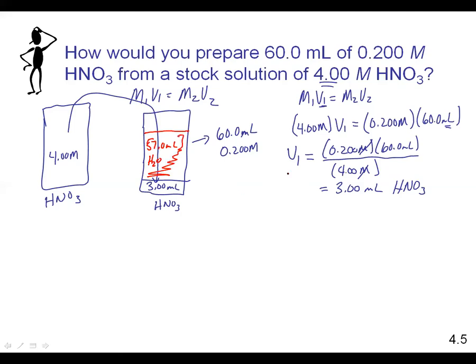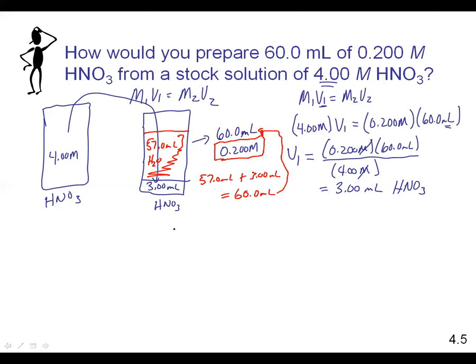My 57 milliliters plus the 3 milliliters I already threw in there gives me the 60 milliliters of total volume that I want. If I put 60 milliliters of water in there, we would have a larger volume and the molarity would be smaller. If I give this a good mix, this solution should have a molarity of 0.2 molar.